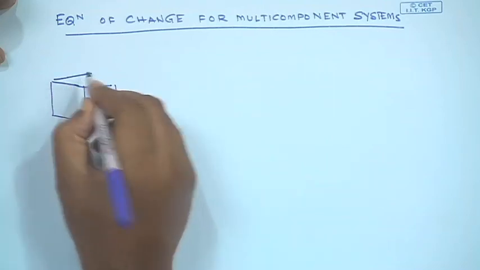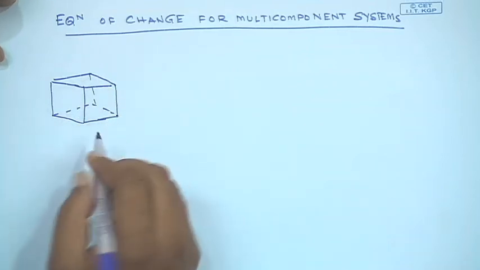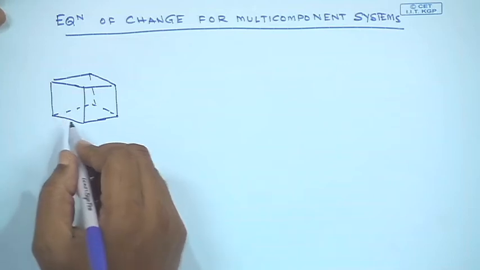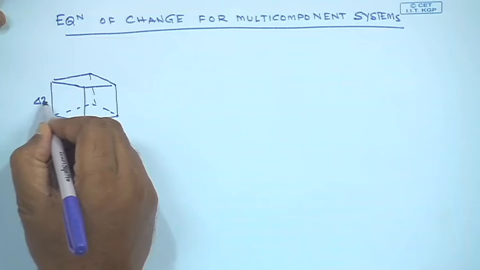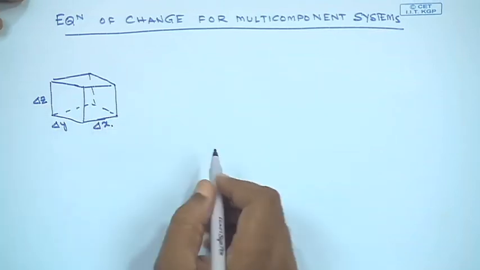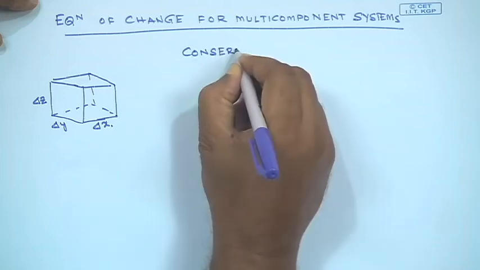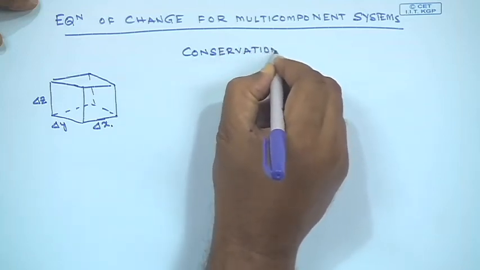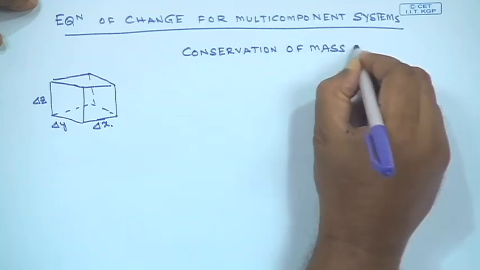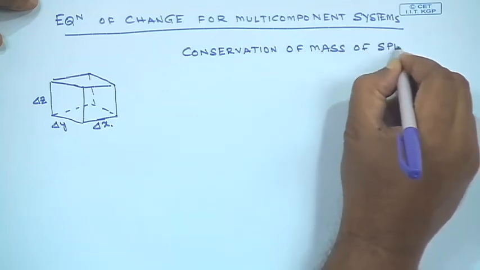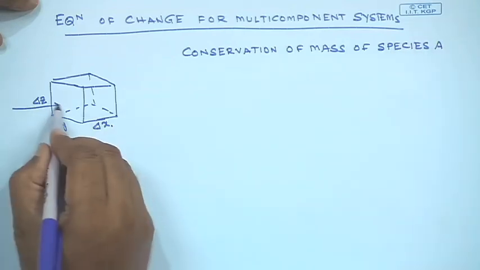So, we are again taking the help of a surface which has del y, del z and del x, and we are going to use the conservation of mass of species A which is flowing into this.